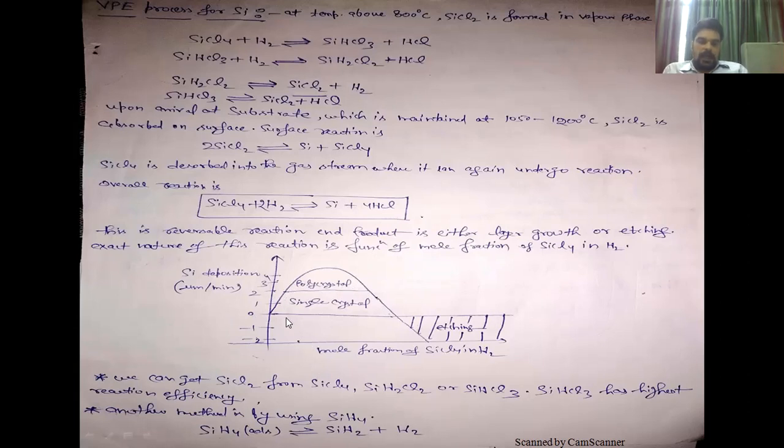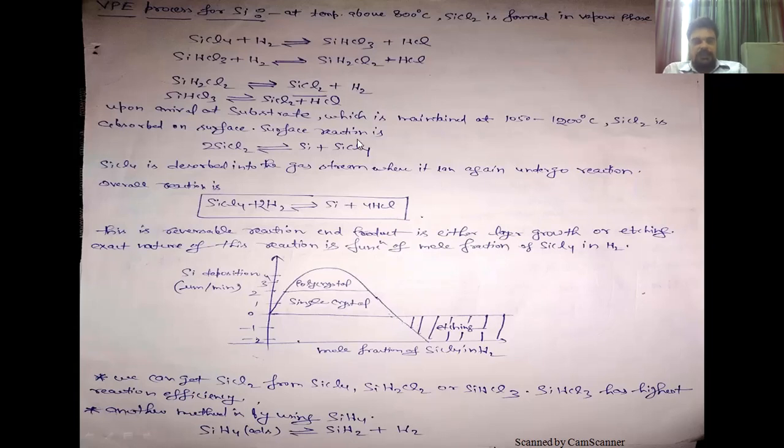So, if you maintain the mole fraction up to this point, you will get single crystal and polysilicon deposition onto the substrate. As the mole fraction reaches this point, the mole fraction of SiCl4 in hydrogen is high.